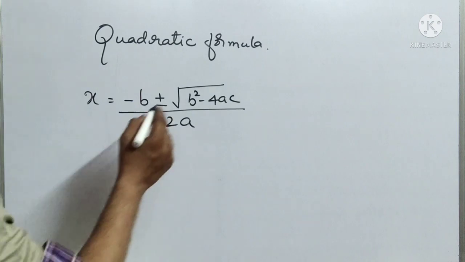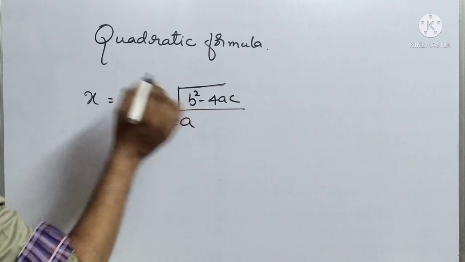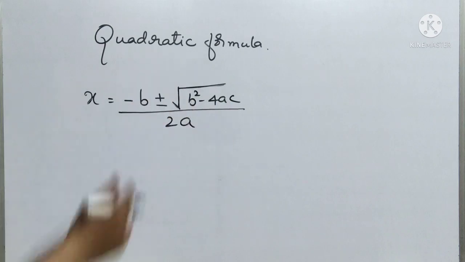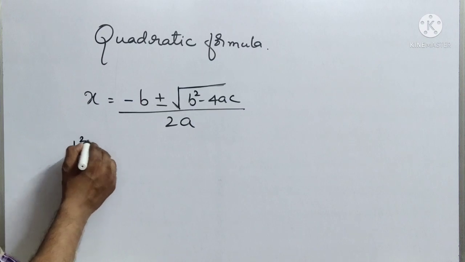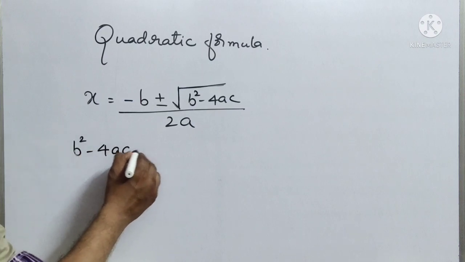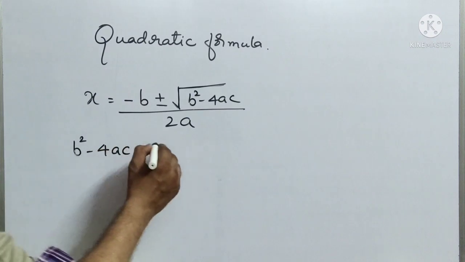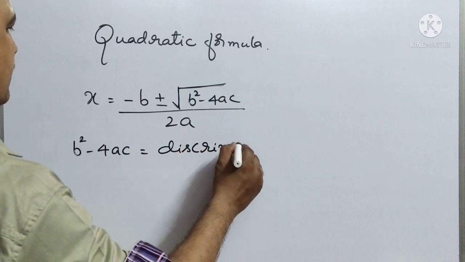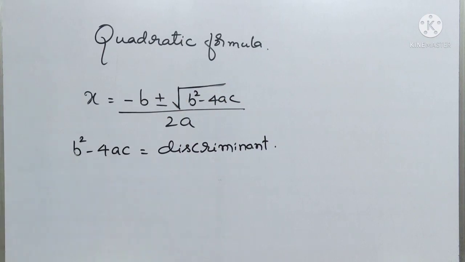If you see clearly here, there is a square root of b square minus 4ac. There is a special name for b square minus 4ac: it is called the discriminant, because it is going to be helpful for you in MCQs.